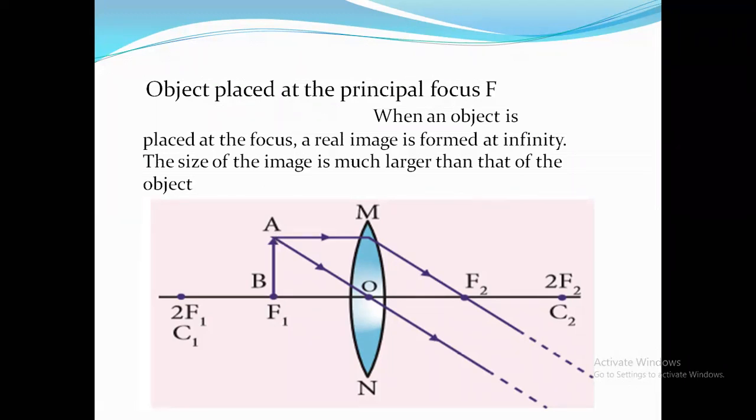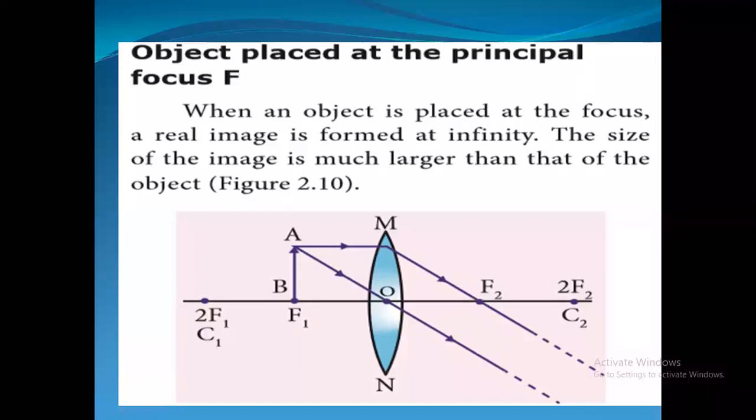The rays will pass through the optical center and the near point. Near point means near the optical center, below or above. Then it will go to F2. F2 means focus. One ray passes through the focus, and another ray passes through the optical center. But they are parallel.